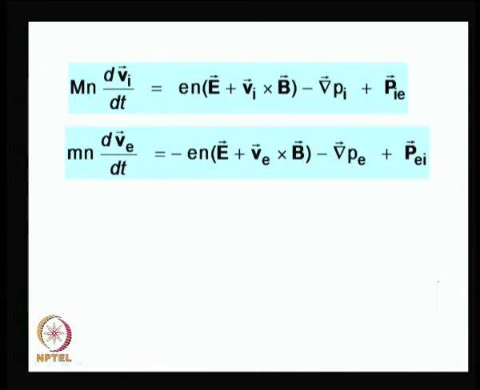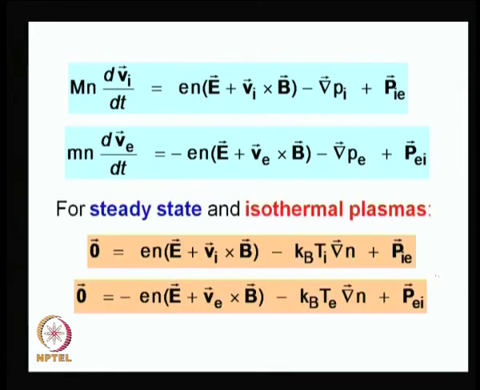Once again, we will be making certain simplifications, and we will study steady state and isothermal plasmas. So, the term on the left hand side then becomes 0, and for isothermal plasmas we can write the pressure gradient in terms of the density gradient. So, the equations are somewhat simplified.